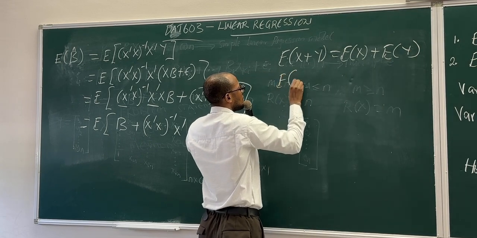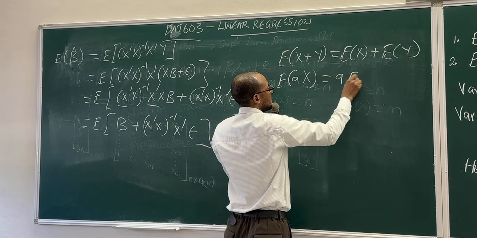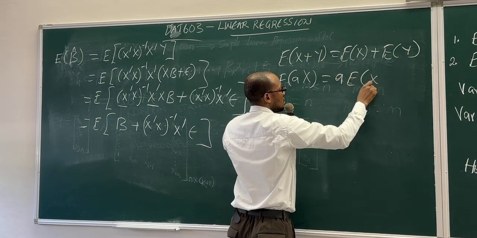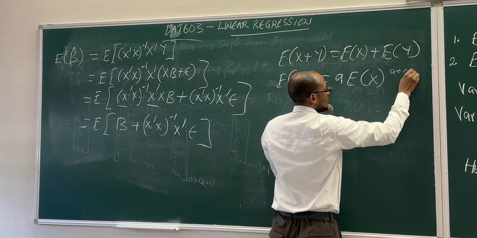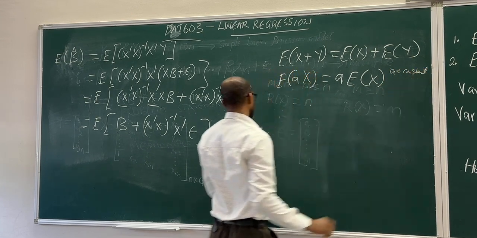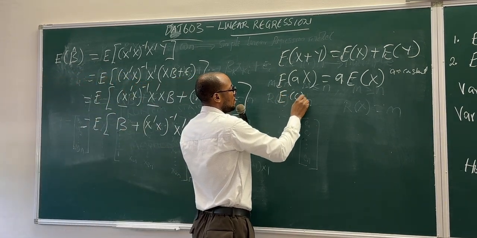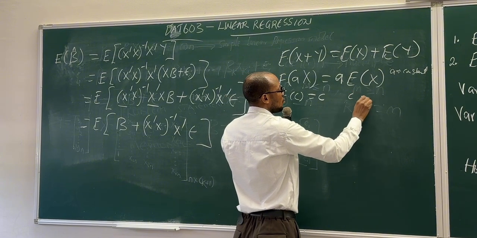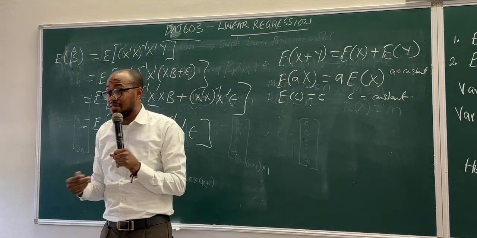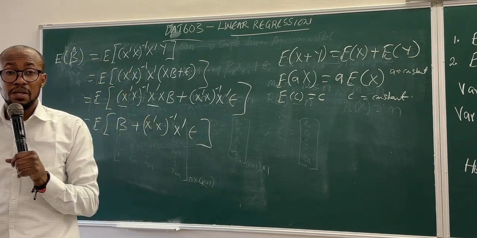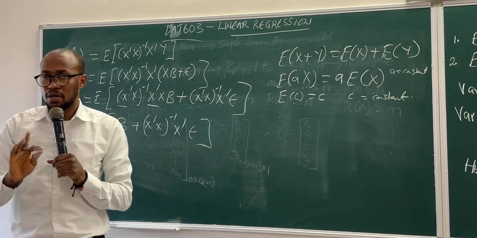The expectation of ax is equal to a times the expectation of x, where a is a constant. And of course, the expectation of c is equal to c, where c is a constant. If you find the expectation of a constant, it's going to give you the constant. Please write those side notes down. They are really important.